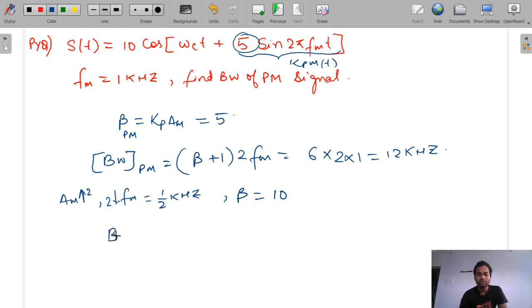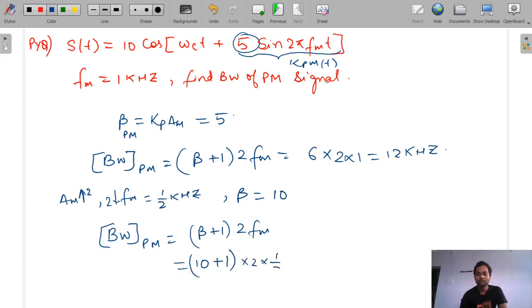So now the bandwidth will be (beta plus 1) into 2fm. Beta is 10 here, so 10 plus 1 into 2fm. fm is getting half, so 2 into half. That is equal to 11 kilohertz. So see, if amplitude is increased and frequency is decreased, there is no such relation that it will become double or half of. We have to find the bandwidth using the formula.